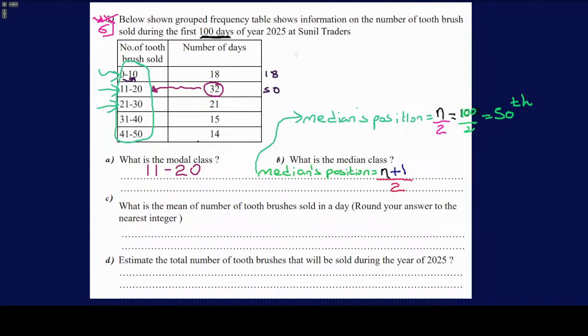So if we write this data set using commas with the real values, in the first 18 positions there will be values from 0 to 10, and then from the 19th position to the 50th position, we would see values in the range of 11 to 20.